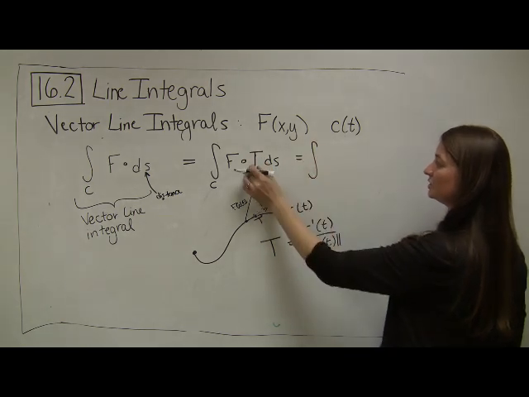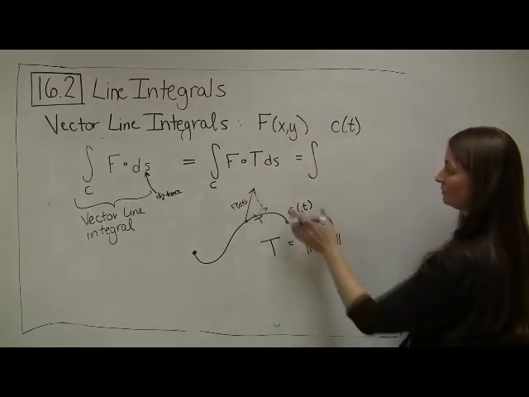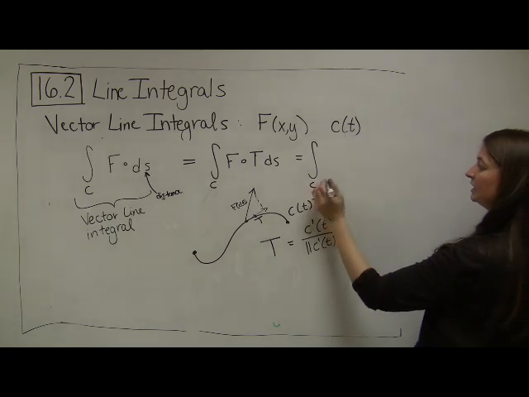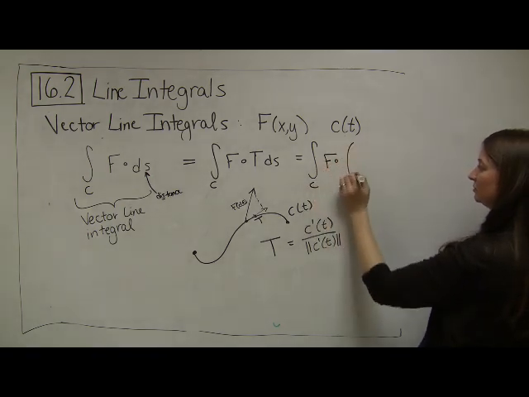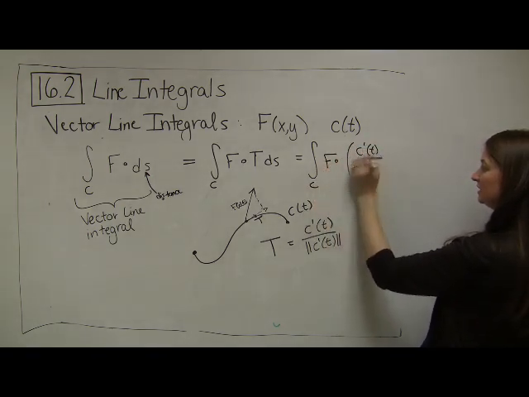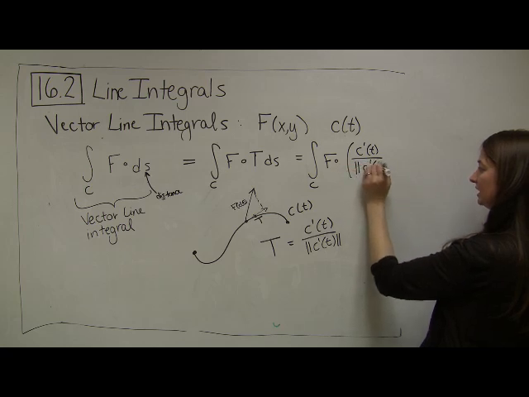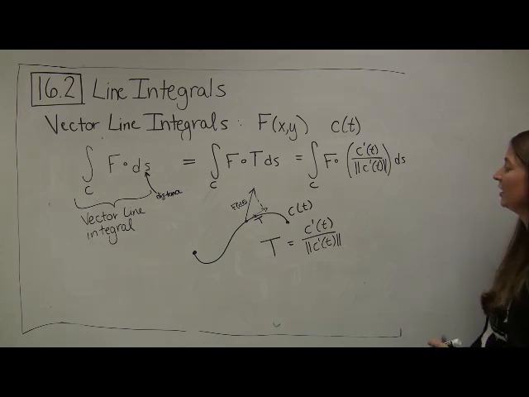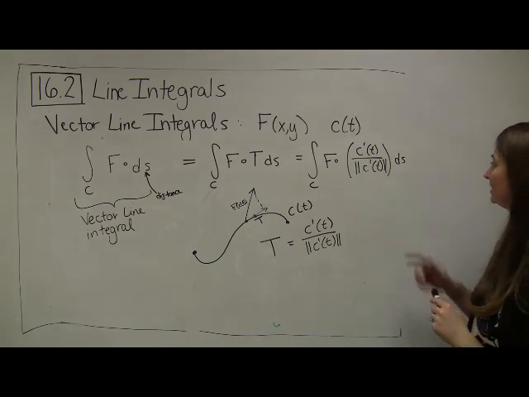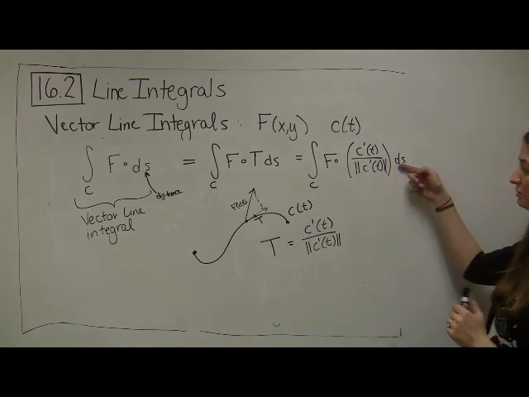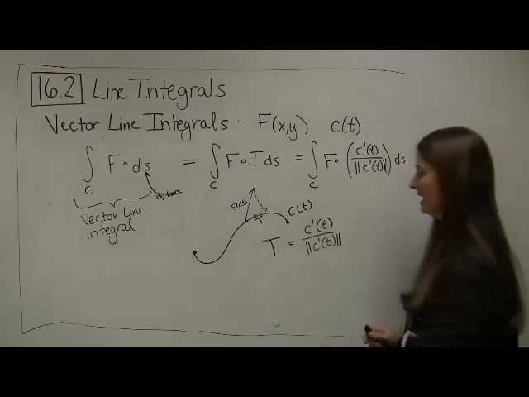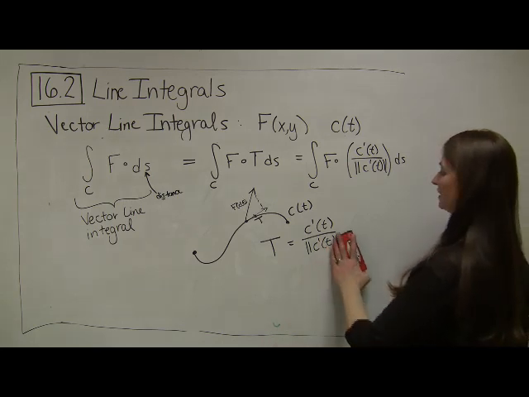That means that substituting in the fact that my T vector, my unit tangent vector, is exactly c prime divided by the magnitude of c prime of t, that gives me F dotted with c prime of t divided by the magnitude of c prime of t, ds. And our final step is to notice the fact that we don't want to parameterize this curve with respect to distance. We want to be able to parameterize it with respect to time. And that gives us our almost final formula.